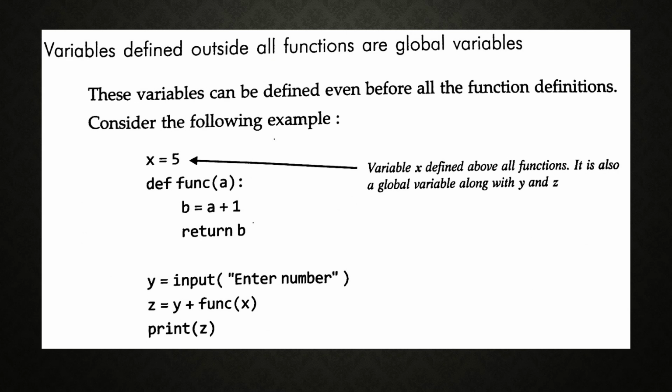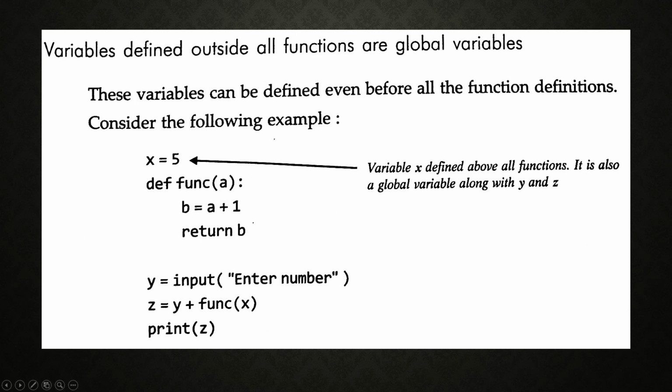Function of x means 5, so 5 will be loaded into a. So b = 5 + 1, that is 6. And here y = 2, so 2 + 6, z = 8. So print z, that means 8.